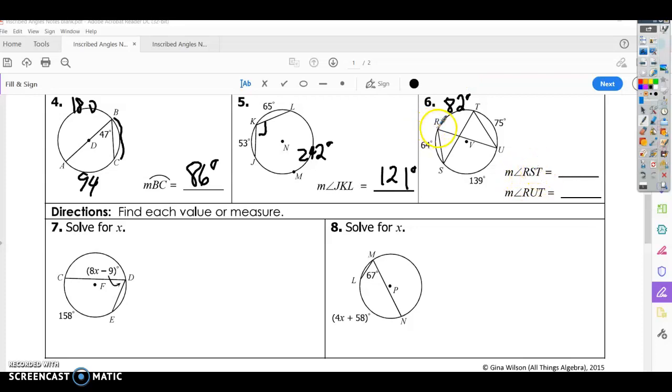So RST is going to be half of that 82, which is 41 degrees. And then it says, what is the measure of RUT? RUT is going to be still that half of 82, or 41 degrees.